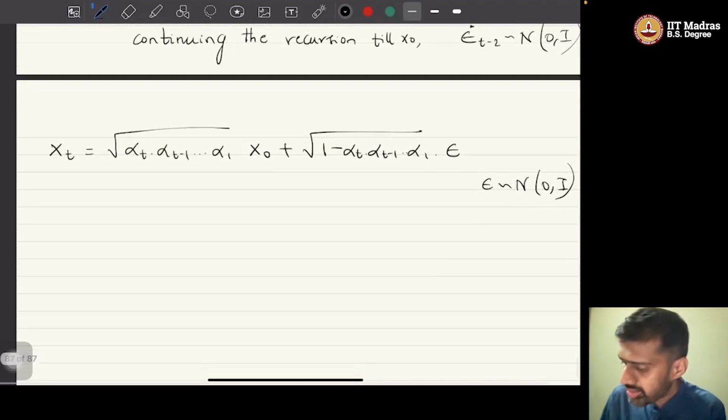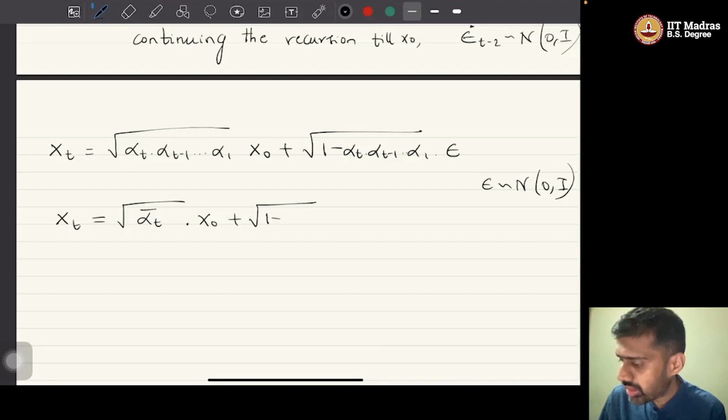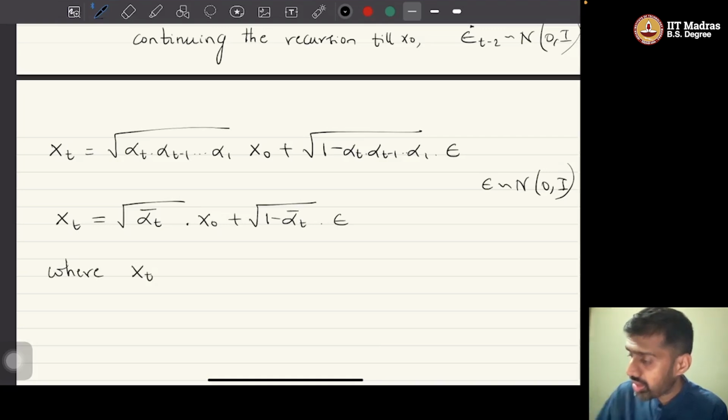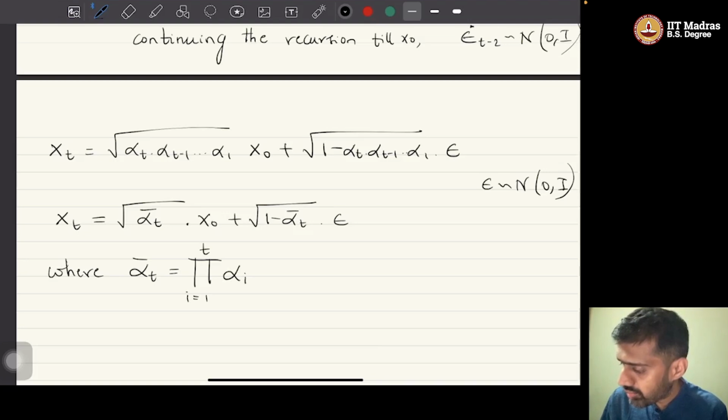So now xt can be written as root of alpha t bar times x naught plus root of 1 minus alpha t bar times epsilon, where alpha t bar is simply the product of all the alpha i till t. This is the definition.